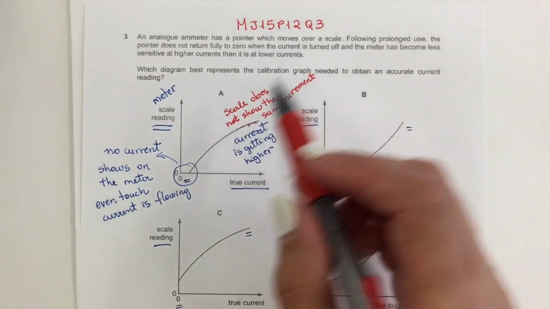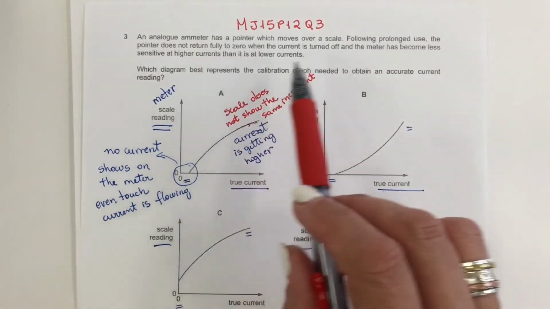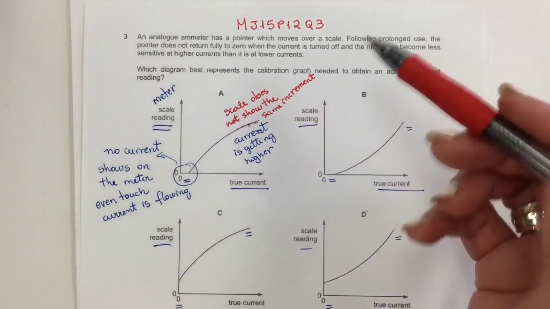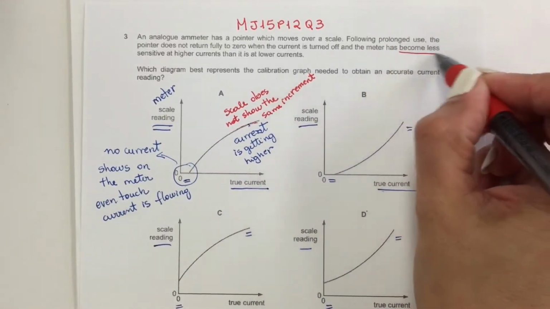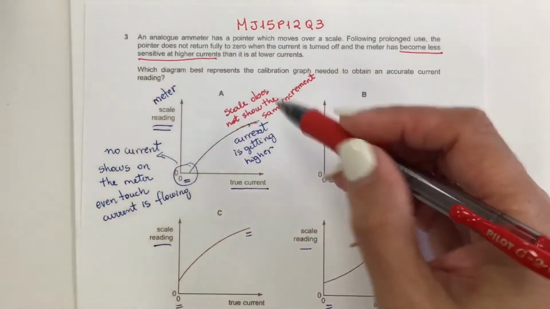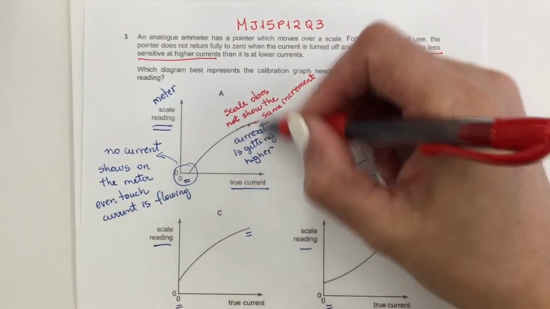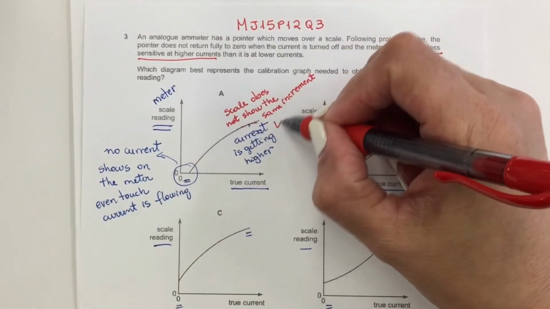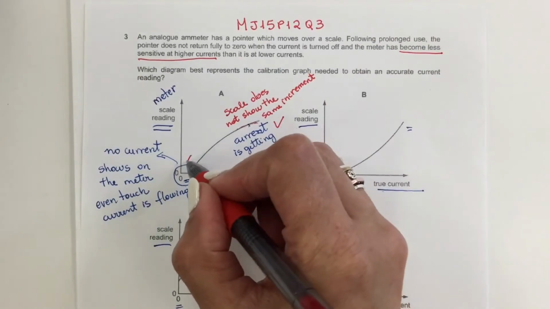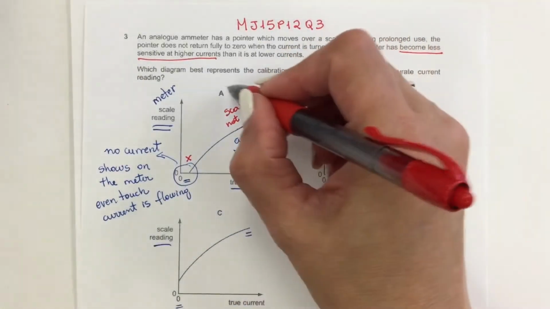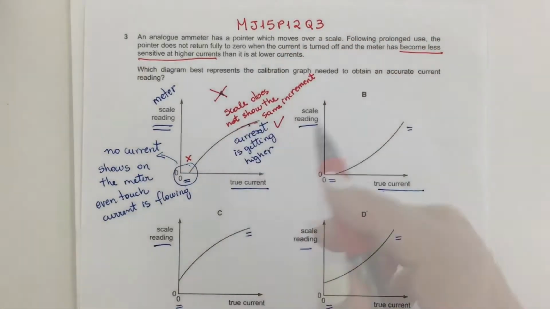Exactly how the story says, it becomes less sensitive to higher current. So this section of the graph is correct, but the beginning is not. For this reason, we are going to eliminate option A.